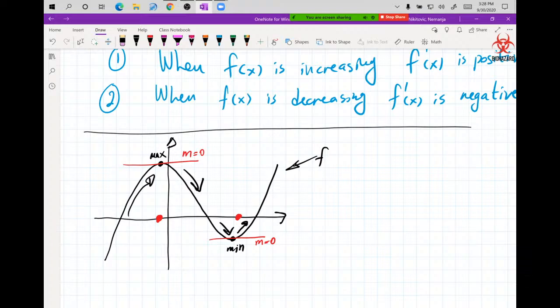You have to have a positive line over here to the left because the function is increasing. You have to have a positive line as well on this side because the function is increasing. So increasing function means positive derivative, meaning the derivative should be above the x-axis.